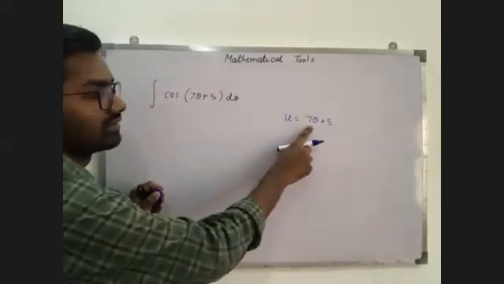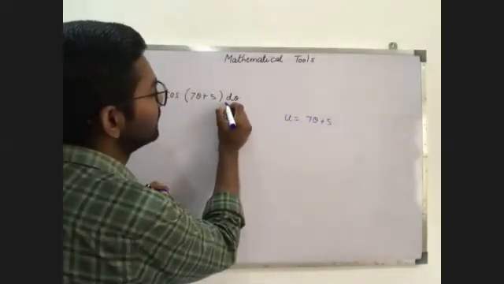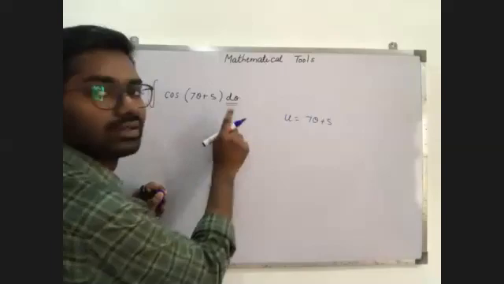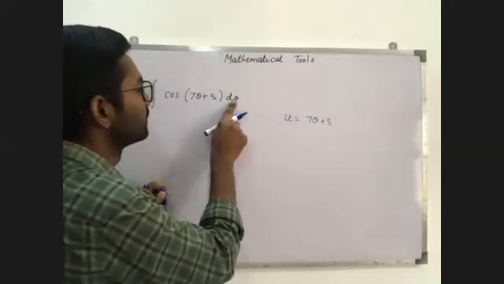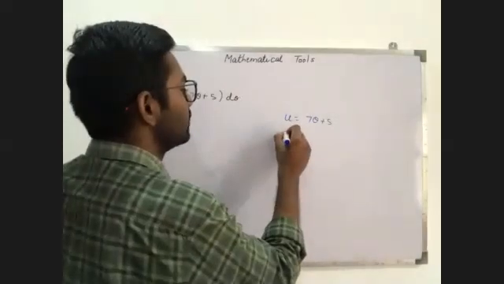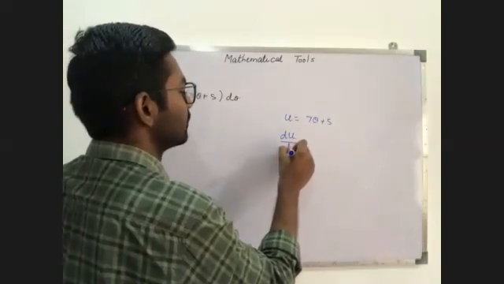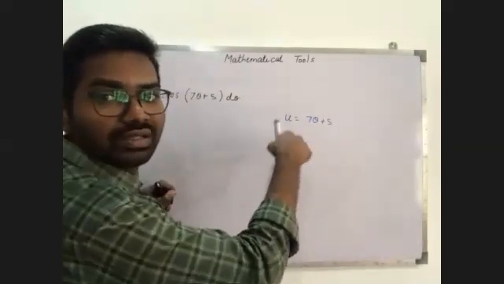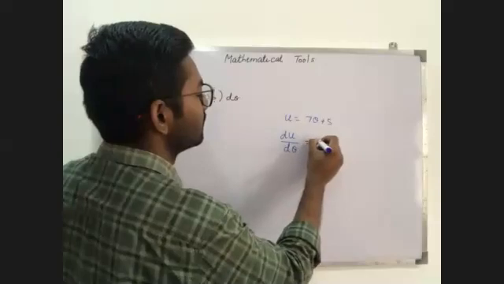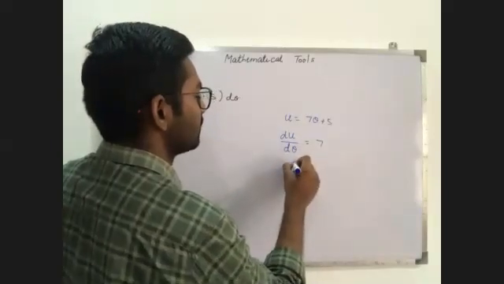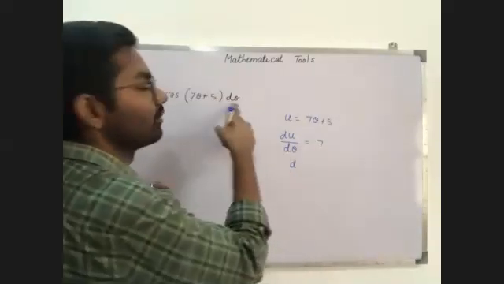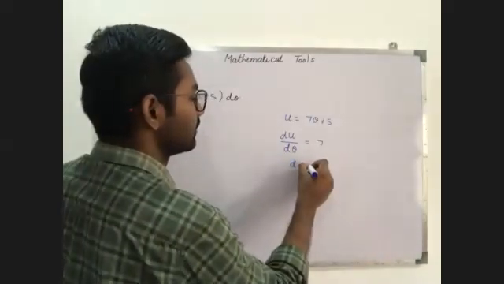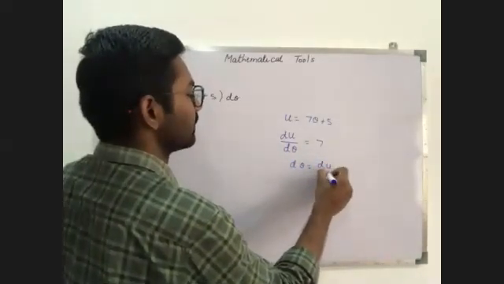Why? Because if I differentiate, I will get d theta, which is available here. So du by d theta will be 7, because theta is the variable. Or d theta I want to replace, so d theta will be du by 7.